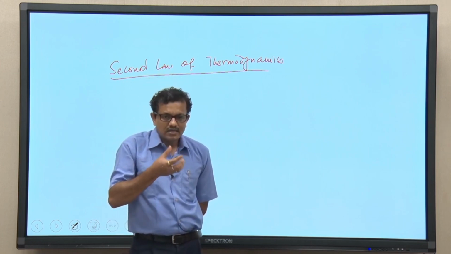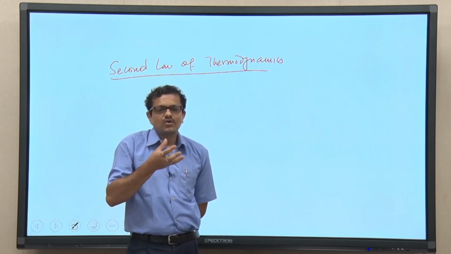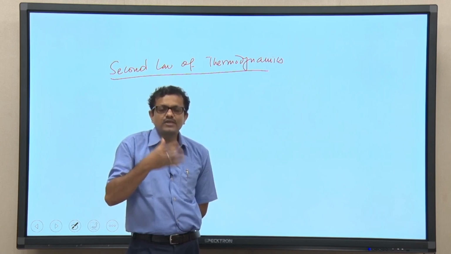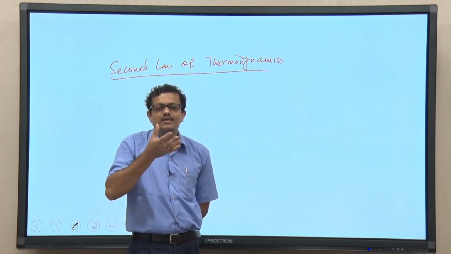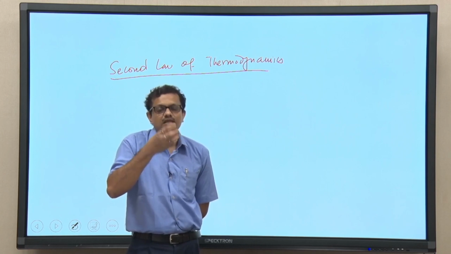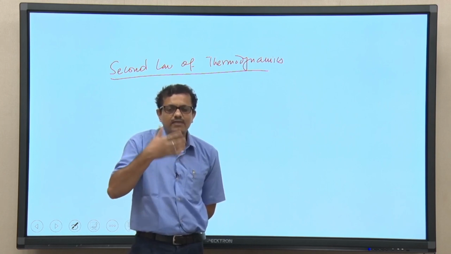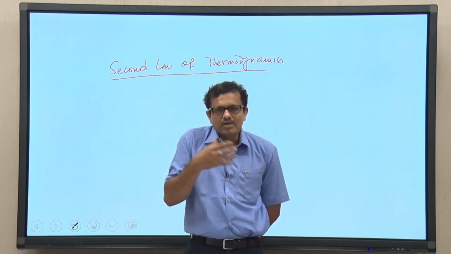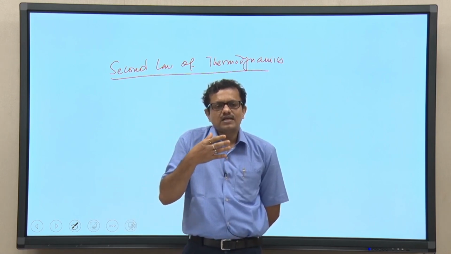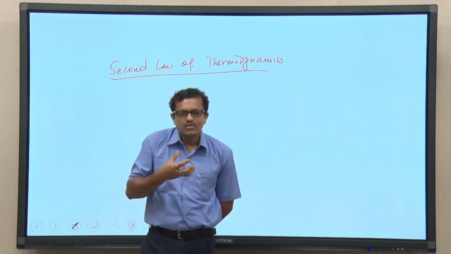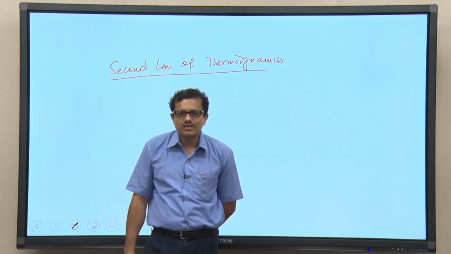So the second law of thermodynamics will give us a clue about one particular term which can be used to quantify the deviation from reversibility. When you talk about irreversibility, I am not going to discuss it now, but the presence of irreversibility will destroy the performance of the processes.